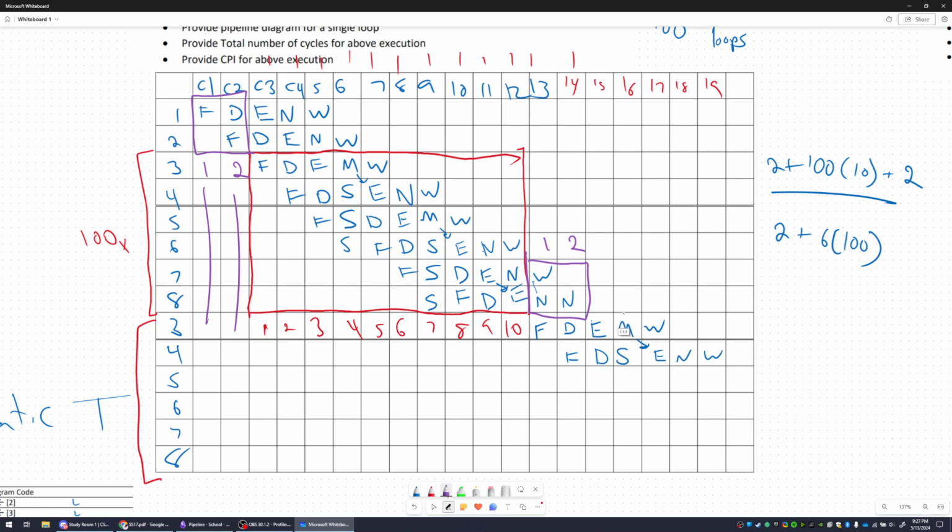So 1 column, 2 columns, and then 1 column, 2 columns, and then the loop part over here. I'm gonna do 10 times whatever the amount is. So now that I think about it, it's not that bad, but I feel like I'm gonna make a mistake.